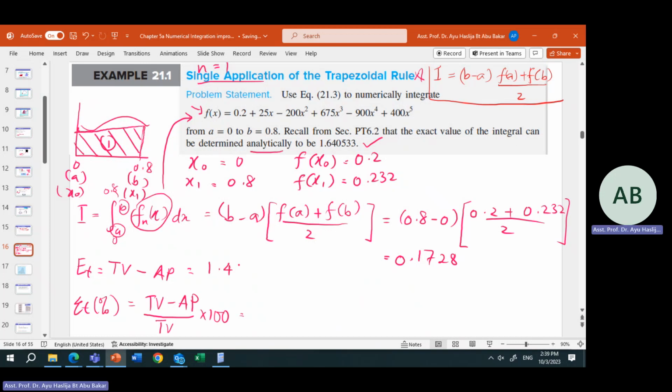The error is big because it only involves one segment. How about the percentage?